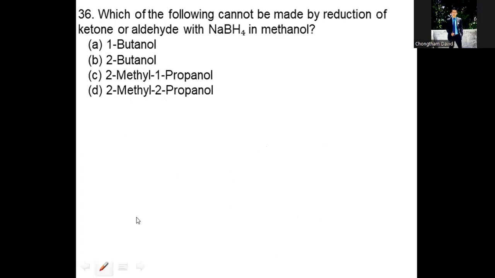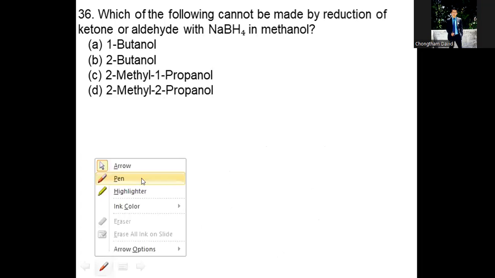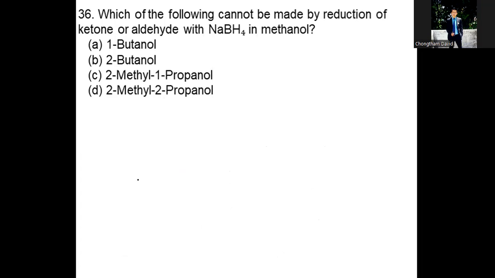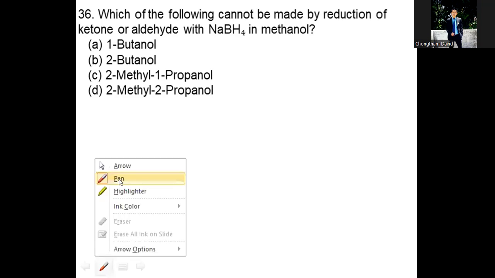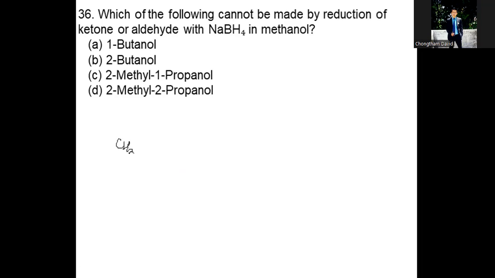Question number 36. Which of the following cannot be made by reduction of ketone or aldehyde with sodium borohydride in methanol? See, this structure is 2-methyl 2-propanol.